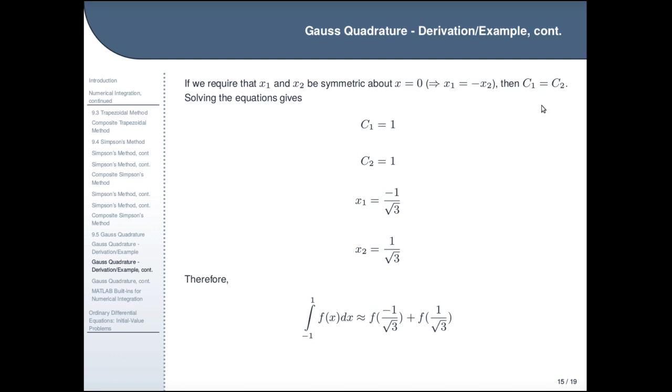Using the previous equations, that gives us the following values: c1 and c2 must be equal to 1, and our Gauss points are equal to -1 over the square root of 3, or 1 over the square root of 3. So this then gives us an expression for the integral.